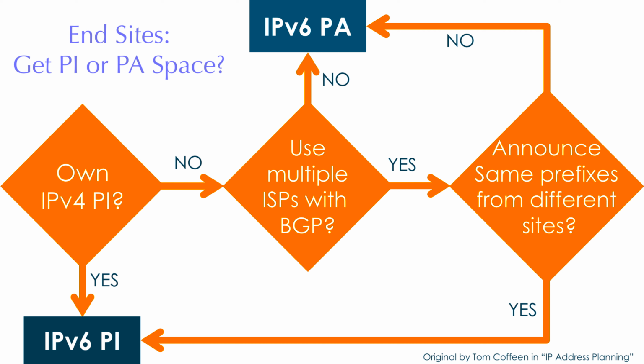If no, then the other question is, will the block be used to do BGP with multiple ISPs? If yes, then we need to ask a further question. But if it is no, if you want to do BGP with multiple BGP peers, you won't be able to use an IPv6 PA, which is a provider aggregatable block.